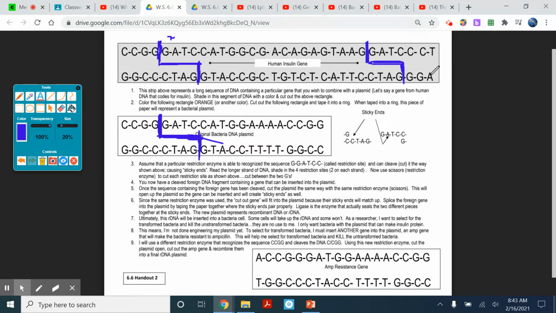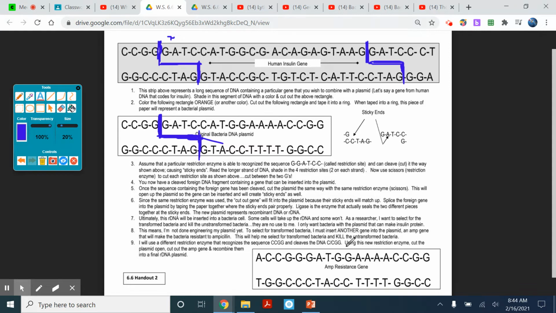We're going to give them resistance to an antibiotic called ampicillin. Some of you have been prescribed ampicillin before because you had a bacterial infection. So grab the one that says AMP resistant gene. It's this bottom one that you colored in here.